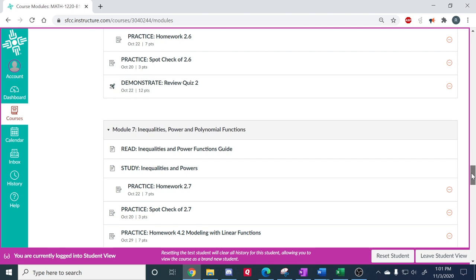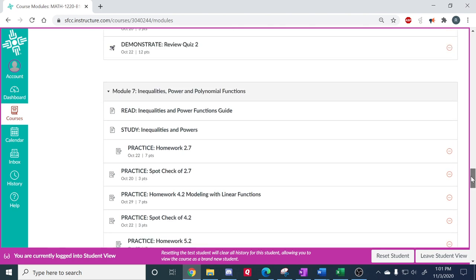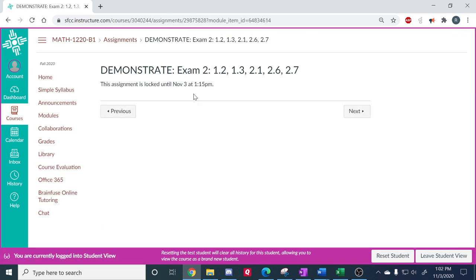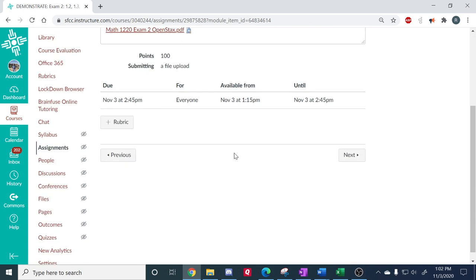Scroll down. So under module 7, at the end, it says exam 2. And if I click on it, it says it's locked until 1:15. Leave the student view. You've got an hour and a half, it's set up until 2:45 to get it uploaded and back to me.